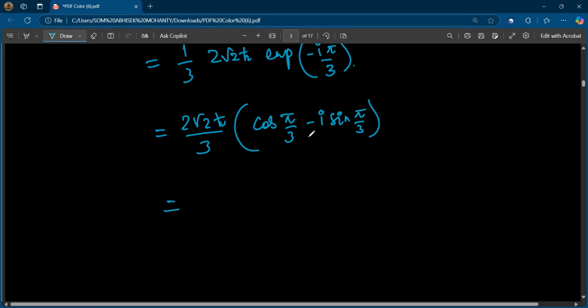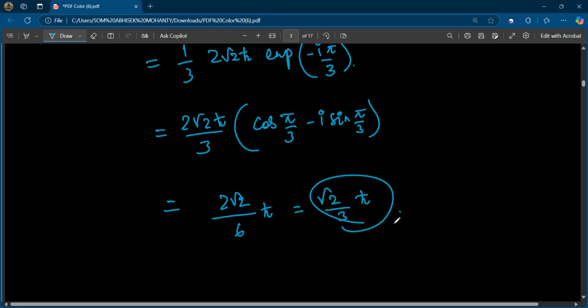So cos pi by 3 is 1 by 2. So the answer will be 2 root 2 by 6 ħ. So the 2s can cancel, and root 2 by 3 ħ will be our answer. That is our answer. I hope you understood.